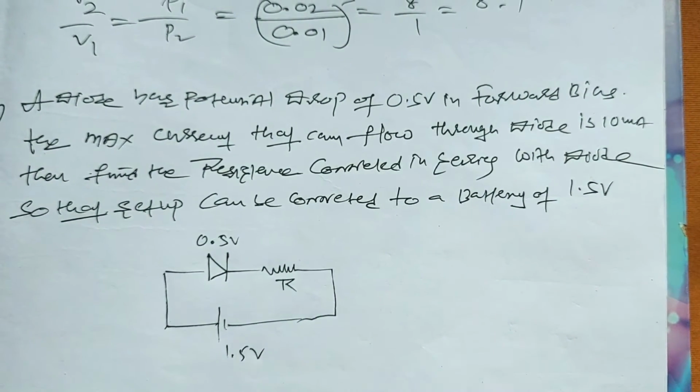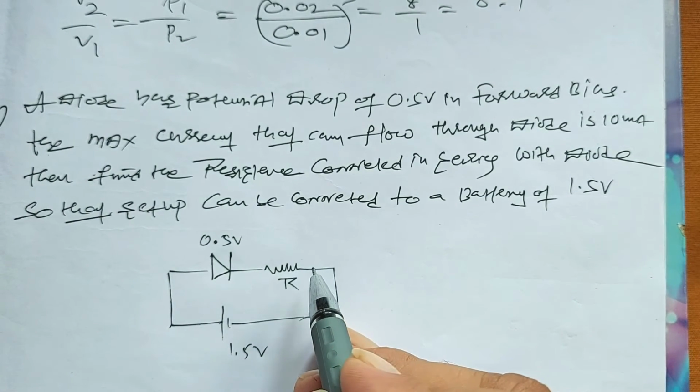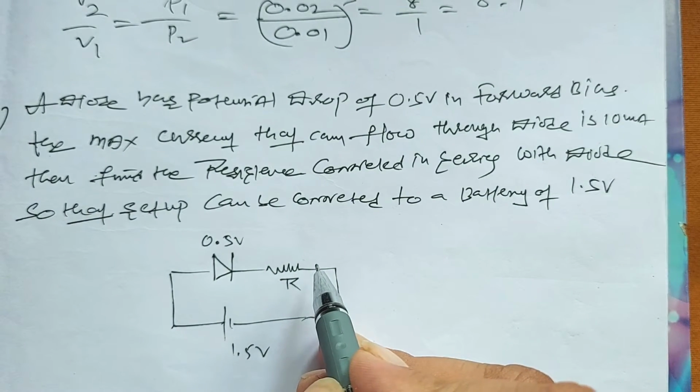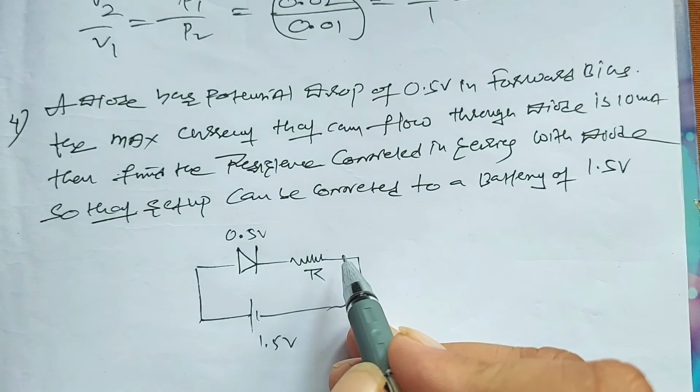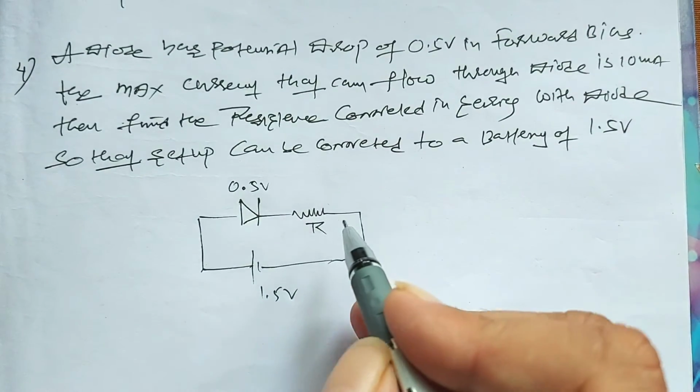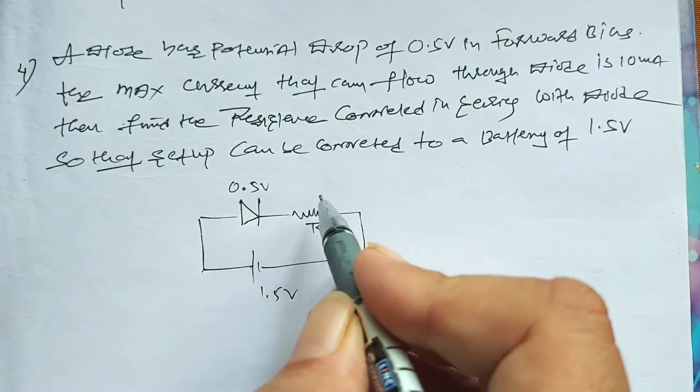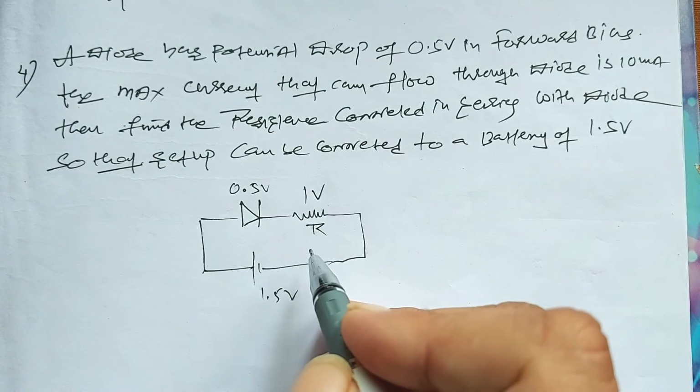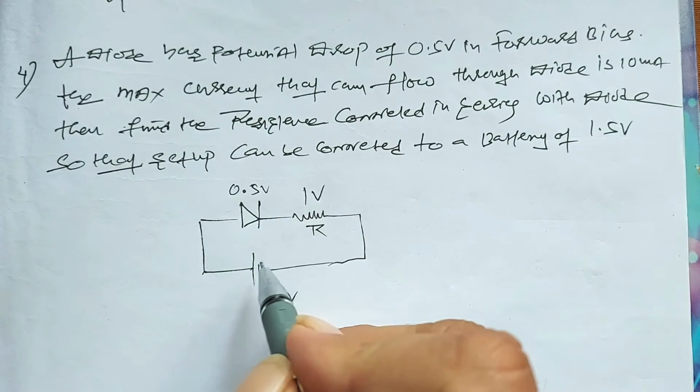So remaining, the potential drop across resistance is nothing but 1 volt.